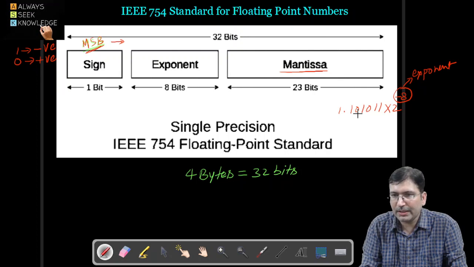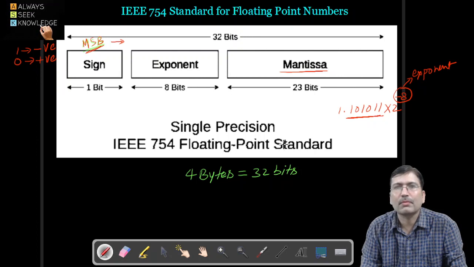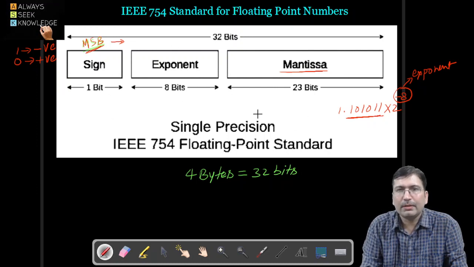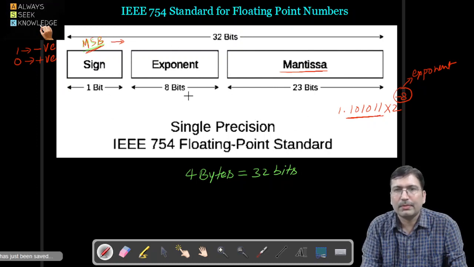This is the normalized mantissa, the remaining part which is here. So this is the format when we store the number in IEEE 754 single precision format.